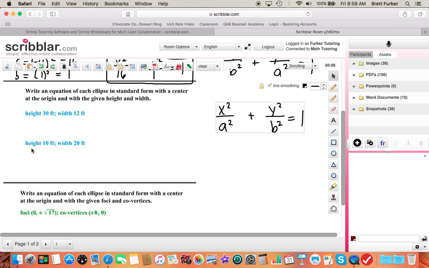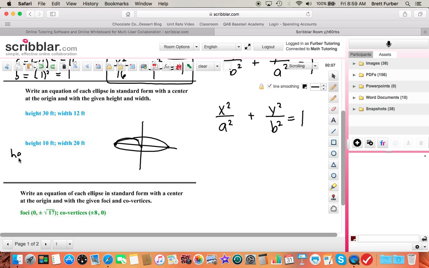So remember though, the height and the width are the entire length, meaning that if this was our ellipse, it's the entire width from one vertex to the other vertex, so it passes through the center. Well, our a and b values are only supposed to be half of that distance, from one vertex to the center. So we have to halve each one of these.